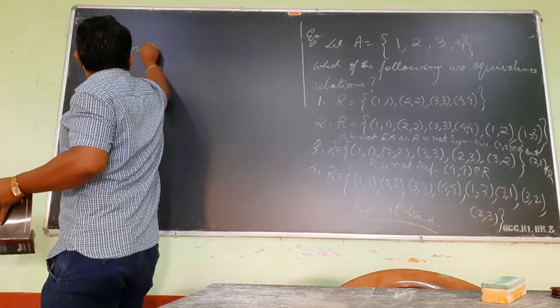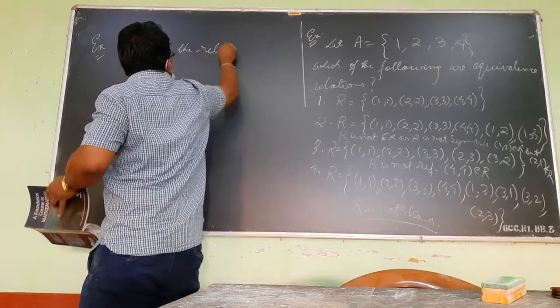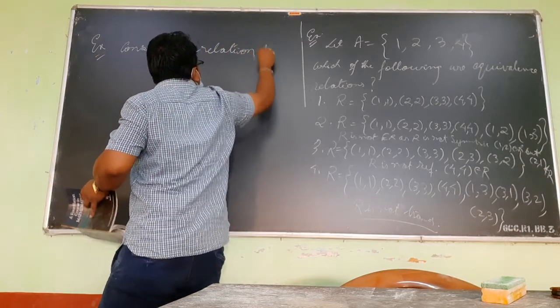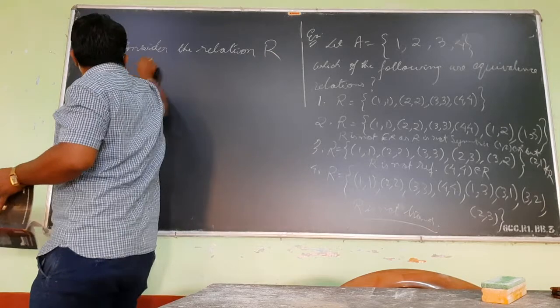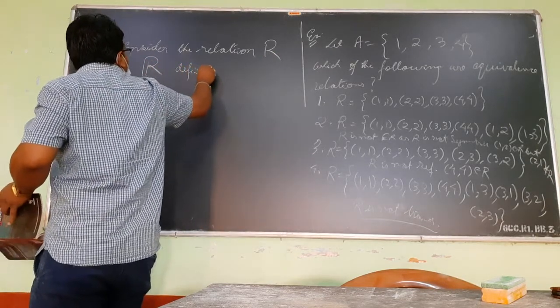Consider the relation R on the set of real numbers. On R, defined as, these two R's are different.